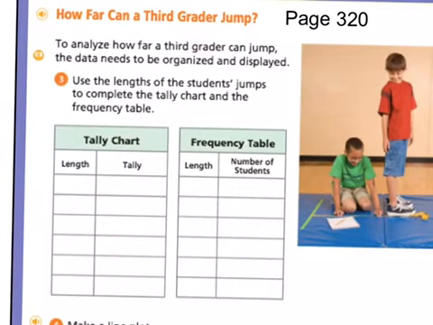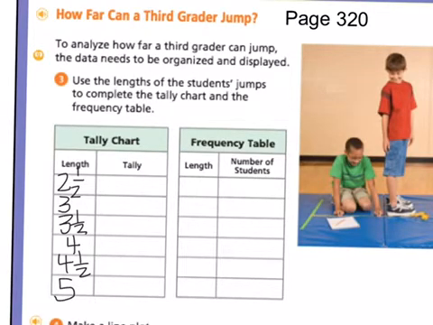So we're going to start with the lengths. One of the lengths is 2.5. Another one is 3. Another length that we are going to share is 3.5, and 4, 4.5, and 5 feet.